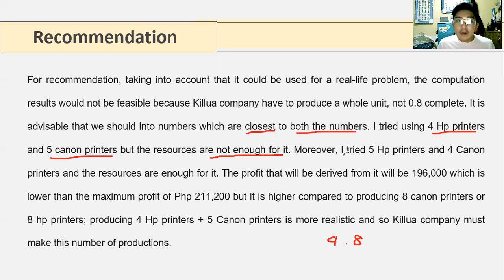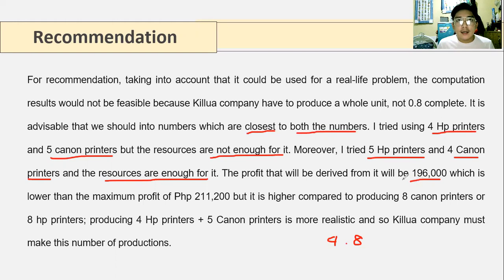And then, moreover, I tried 5 HP printers and 4 Canon printers. And luckily, the resources are enough to produce it. Then the profit we could derive from producing that unit of products would be 196,000. That is the profit for 5 HP and 4 Canon.